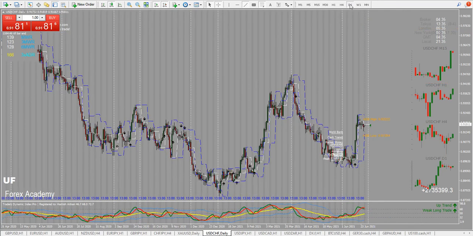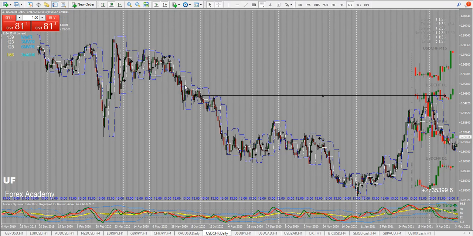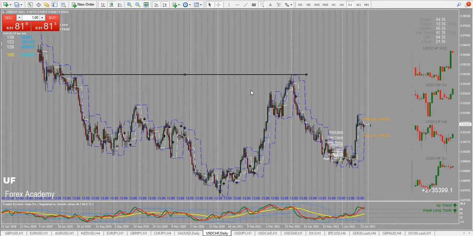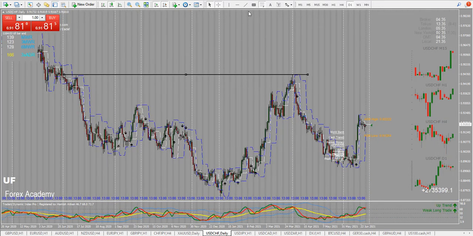Let me go to D1. I'm still bullish on this pair, guys, and I'll be expecting the market to take out this Wall Street money. These two equal highs are called Wall Street money, and also to test this liquidity here, and we still have more liquidity around the zone, but I won't be looking for them to take out that high.